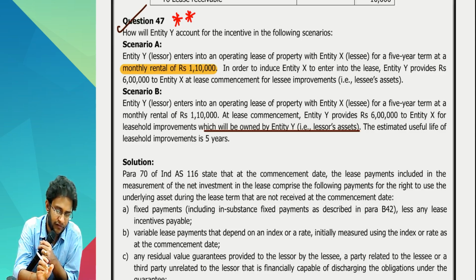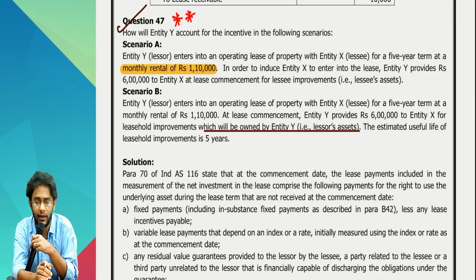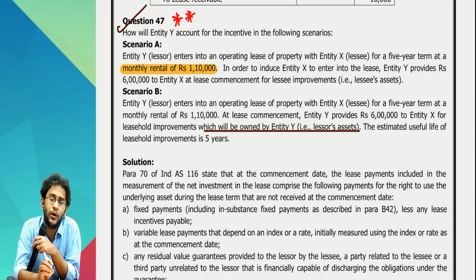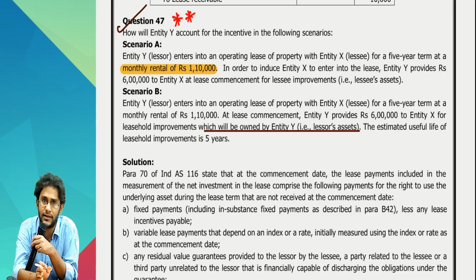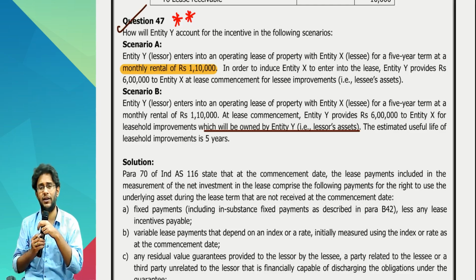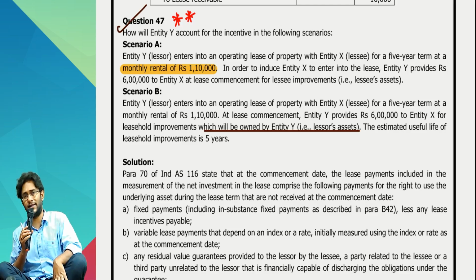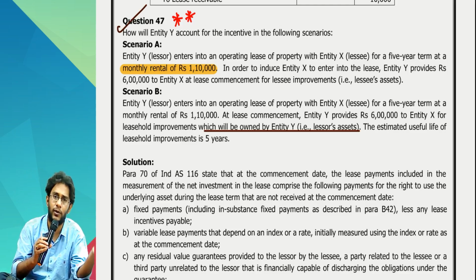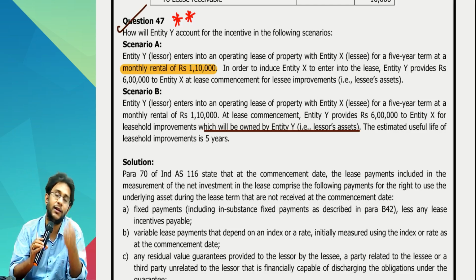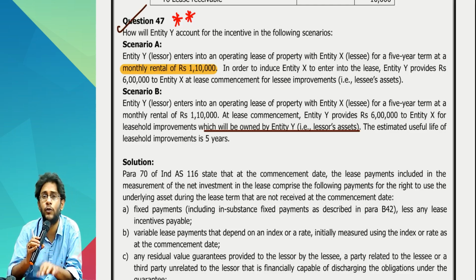Okay, fine. So what is the difference between A and B is, in scenario A, you are giving 6 lakh rupees to the lessee so that he will spend that money on improving his assets, because he has to migrate from one place to another place. But in the second case, the amount you are paying to the lessee will result into improvement of our own asset. Let's say he is doing some modification to the building by making some additions.